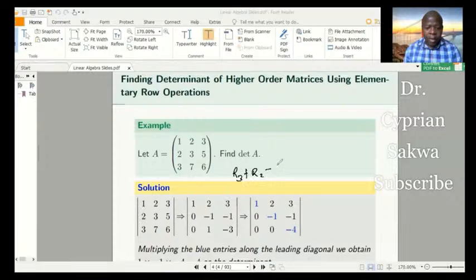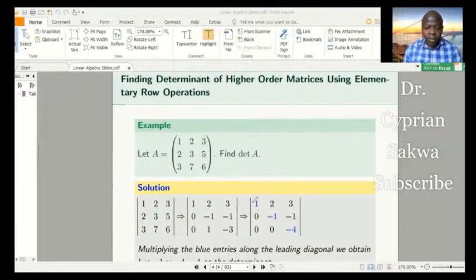This gives me my new row 3. The first row remains where it is, the second row remains where it is, but now second row plus third row: negative 1 plus 1 gives me 0, and then negative 1 plus negative 3 gives me negative 4. And my matrix is in echelon form.